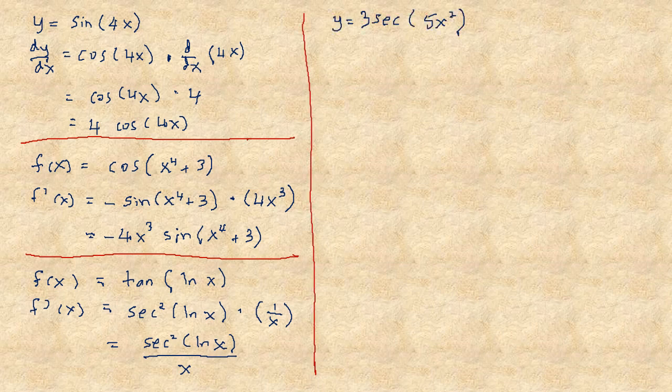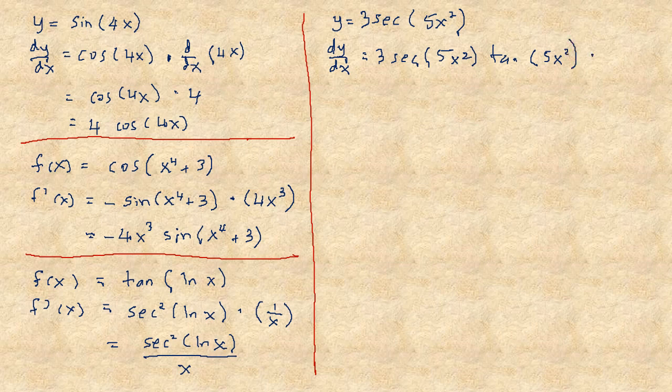Alright, let's try this example. y equal to 3 secant of 5x squared. Differentiate, dy over dx equal to 3 is a constant multiplied by secant, so we just write the constant 3 and then we differentiate the function secant. By using the formula, differentiate secant, we will get secant tangent. So we get secant, write their function 5x squared, and then tangent 5x squared.